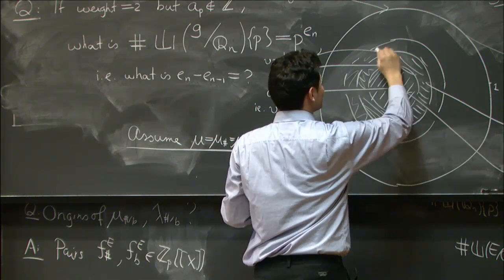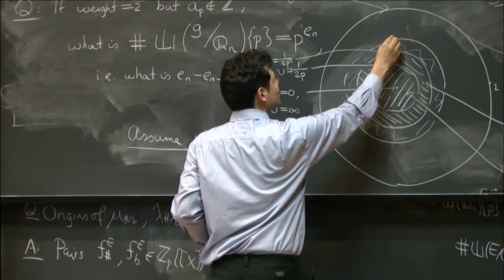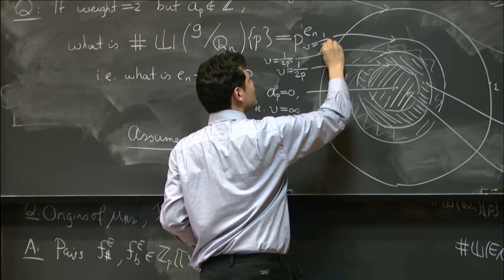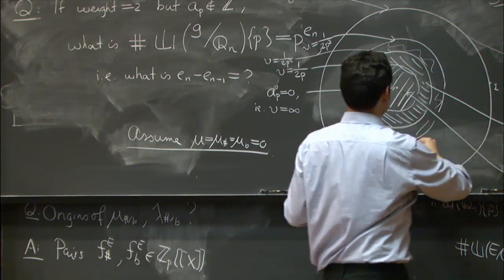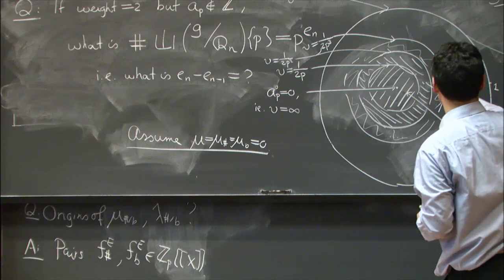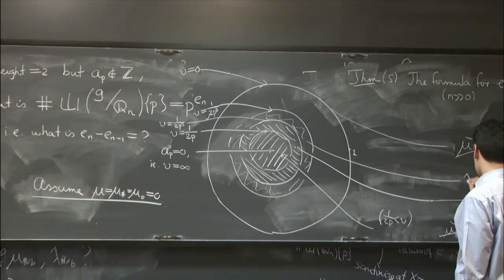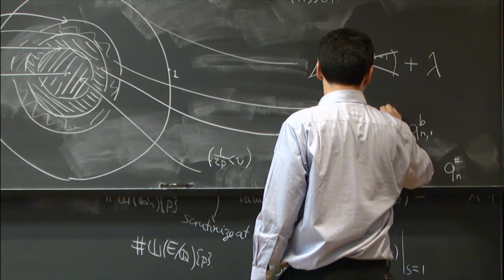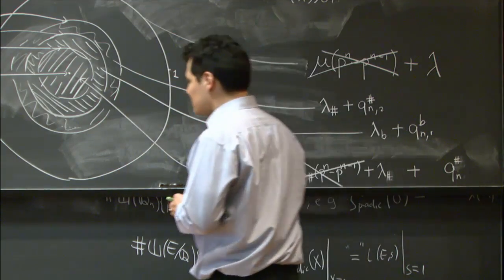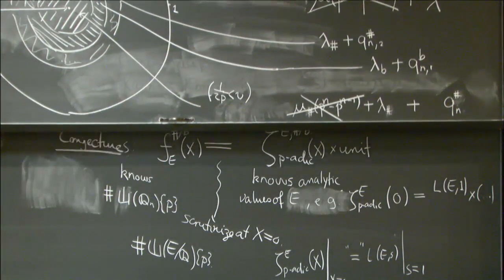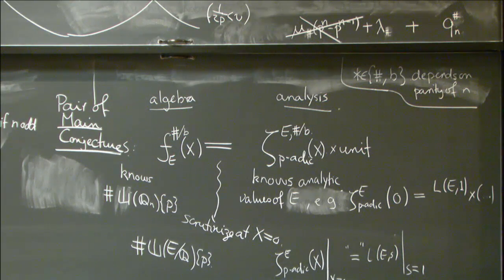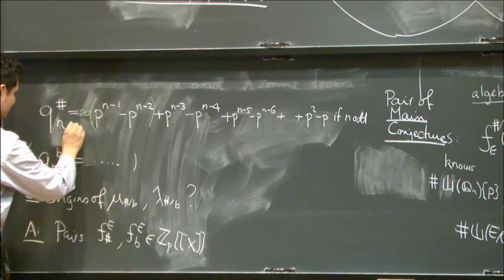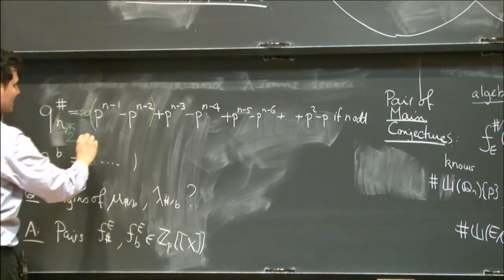If you look at the next annulus where this v is 1 over 2p cubed. If v is between 1 over 2p squared and 1 over 2p cubed, then the formulas for the growth of sharp are lambda sharp plus qn 2 sharp, where qn 2 sharp is another term like this. So instead of 1, you have 2.